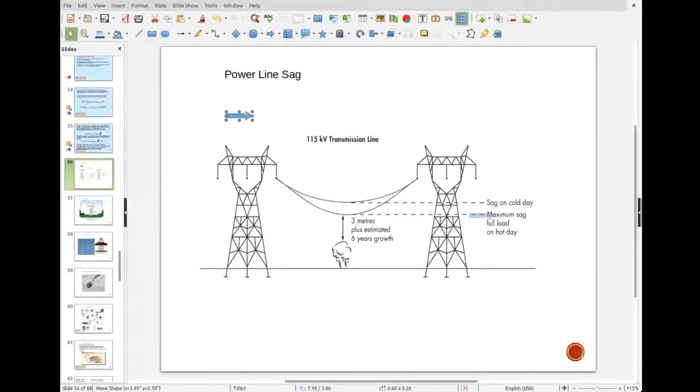But if you were to look at that same thing in the summertime, then it got longer for one thing, because it's heating up. As metal heats up, it expands. And so it's gotten hotter, so it expanded, and so it's going to sag some more.